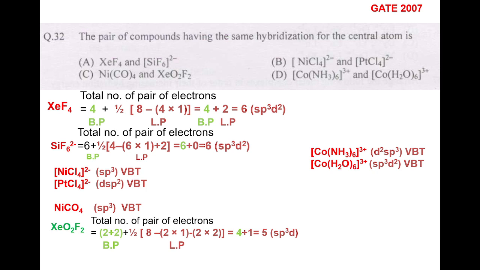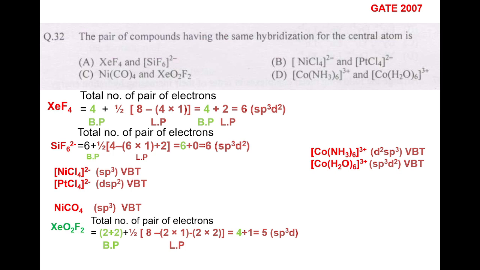So these are the hybridizations. Suppose 1s and 1p, that is 2. Total pairs of electrons is equal to the total number of orbitals taking part. So if 2, sp; if 3, sp2; if 4, sp3; likewise.